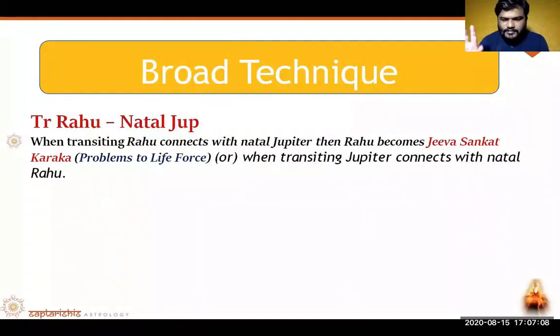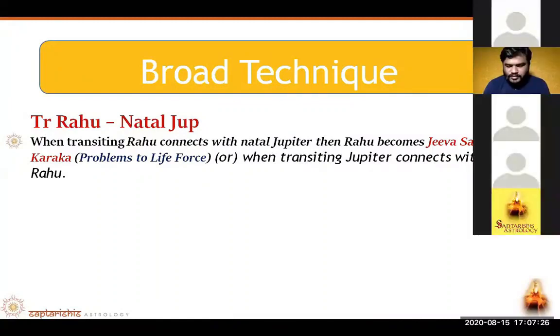Now this is the technique. This is a very broad technique. You can test this on your charts, apply it on many charts, and improve it as per your research. The first thing: there are two things in the first step, transit Rahu and natal Jupiter. Whenever transiting Rahu connects with natal Jupiter, then Rahu becomes a Jiv Sankata Karaka.